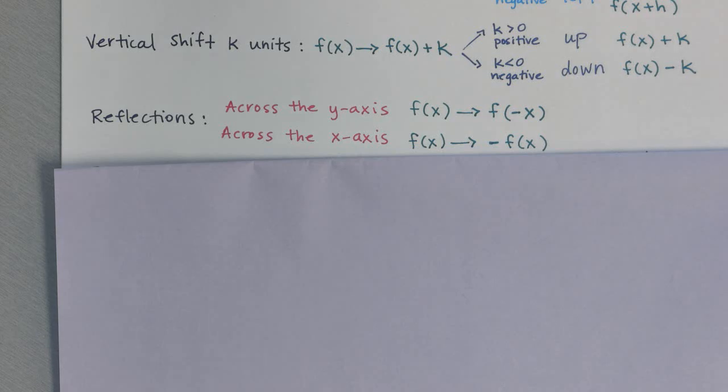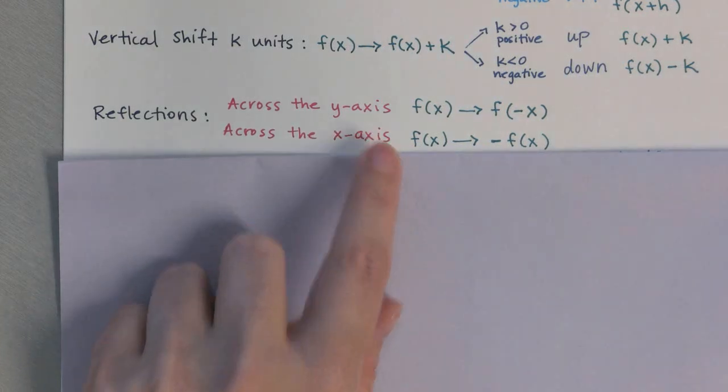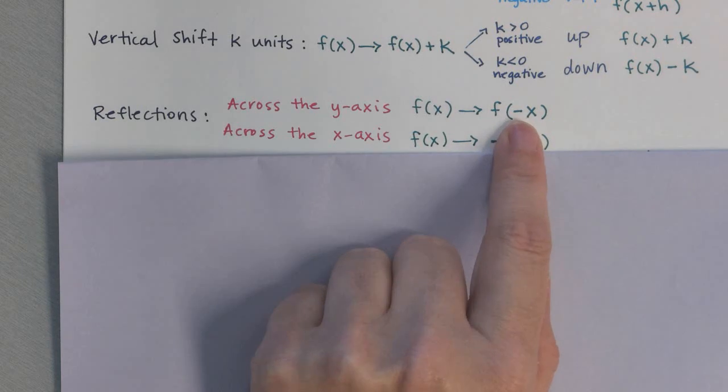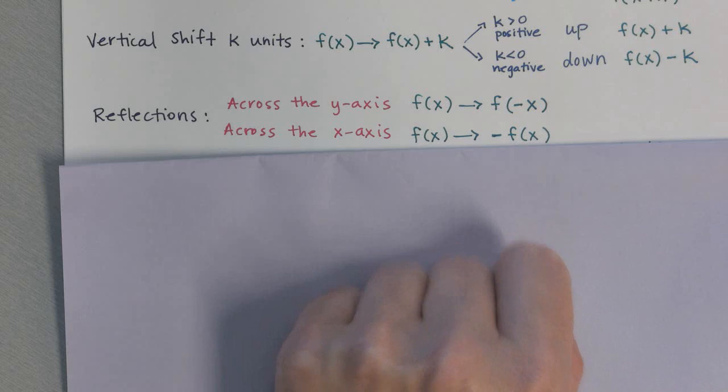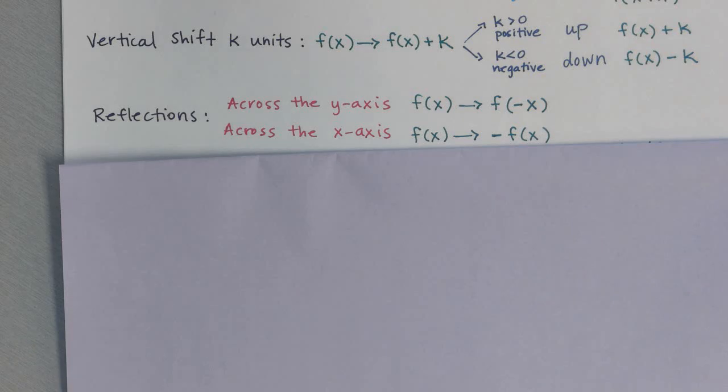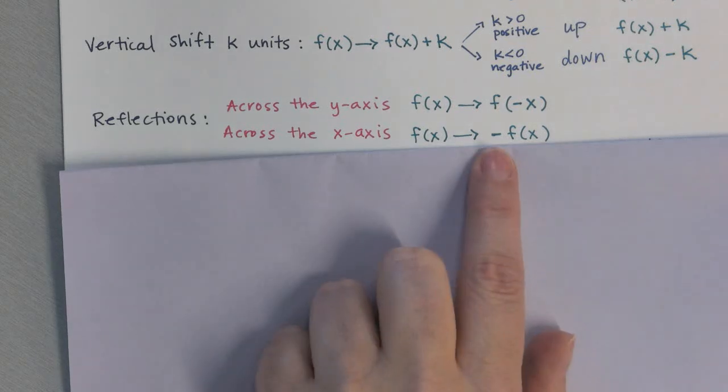All right, so if you are going across the y-axis, I want you to take notice of where that negative falls. It's going to be inside of the parentheses, okay? And then if it's across the x-axis, it's going to be outside of the function.